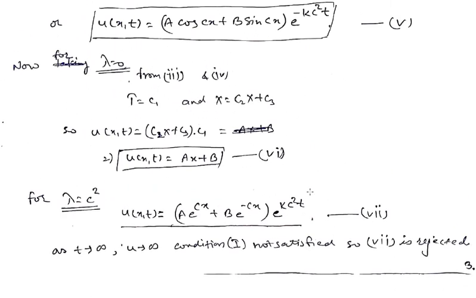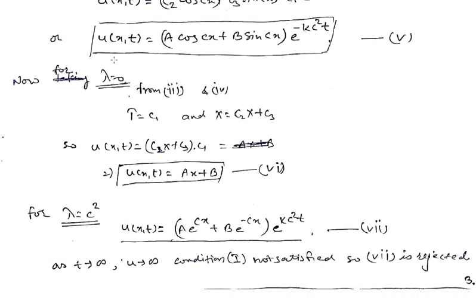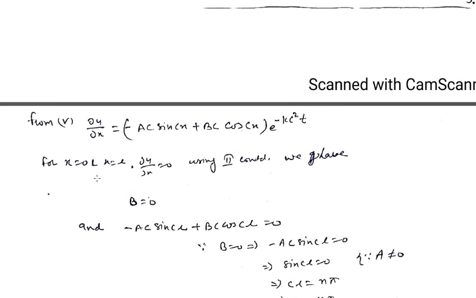Now from equation 5, which is about lambda equal to minus c square, we differentiate it partially with respect to x. So we get del u upon del x equal to minus ac sin cx plus bc cos cx into exponential minus kc square t.